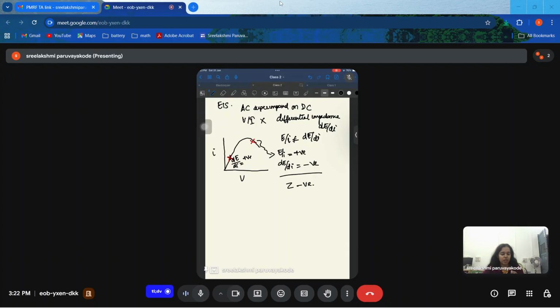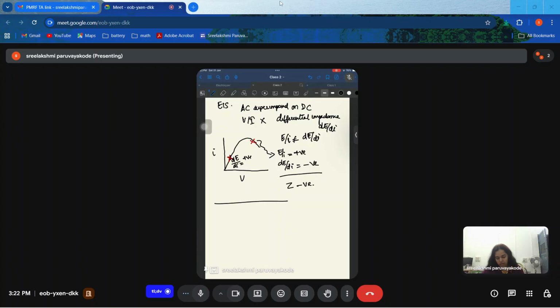But current negative means the direction of current is changing, which doesn't have a physical meaning here, because current flows from higher potential to lower potential and a change in direction is not going to happen in the system. So when we get a negative impedance, it means the differential impedance is negative, because we are seeing a drop in the current when the potential is increasing. One shouldn't think that the direction is reversed.